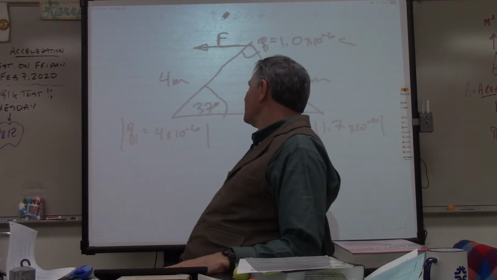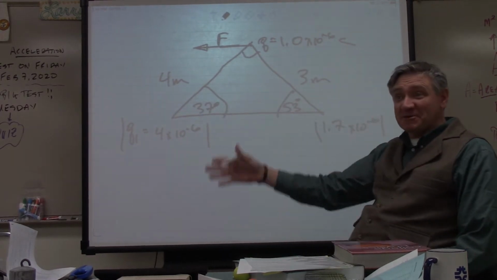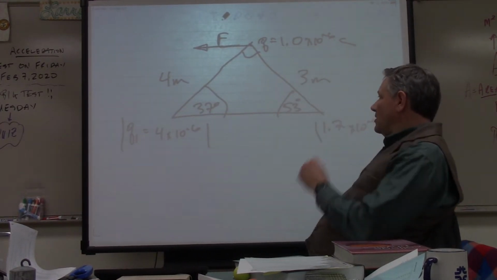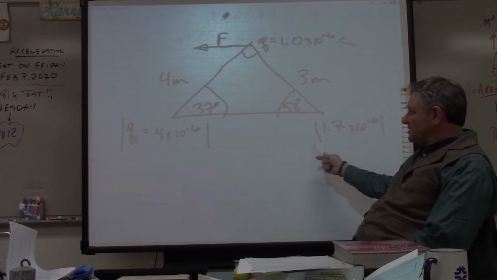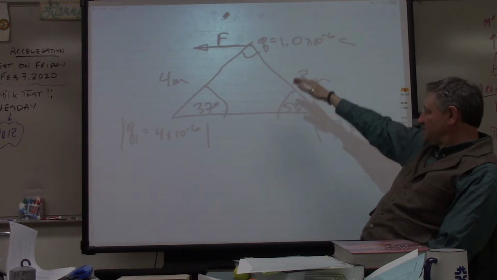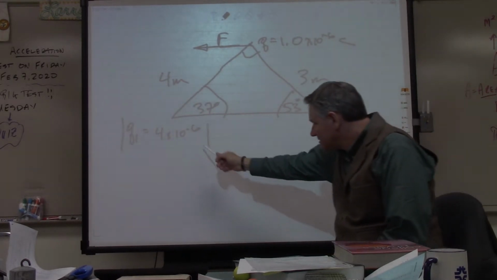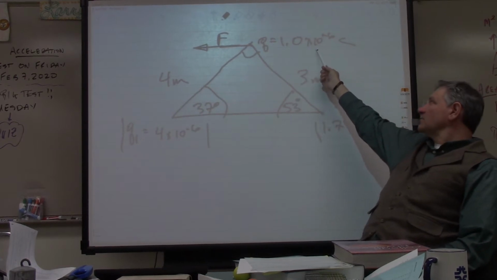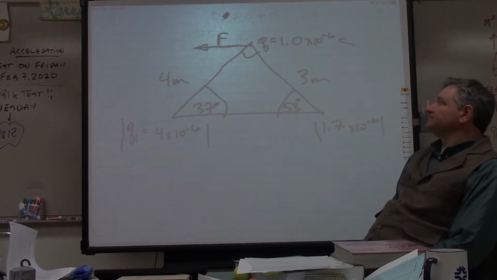Okay, so here's the setup. This is what I would give you on the piece of paper that I ran off yesterday, which I can't find. You've got two charges here, Q1 and Q2, and then a third charge up there. This is the magnitude on this first charge, in coulombs, and then this one is 1.0 times 10 to the negative 6.